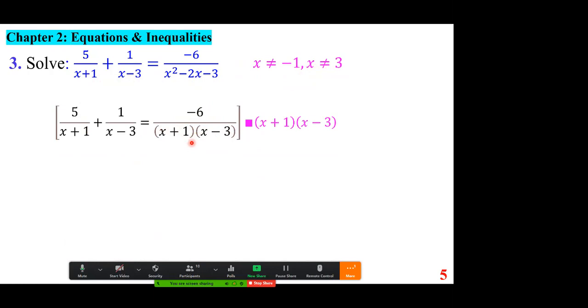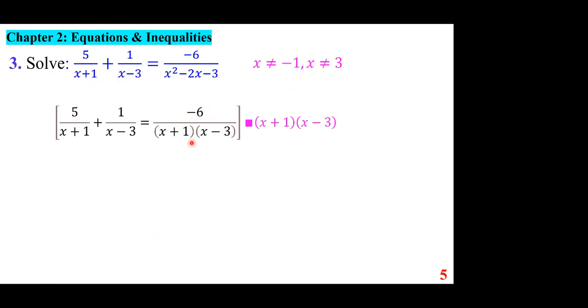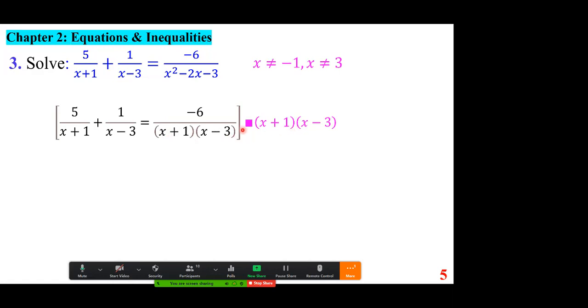Now, in order to solve this, you are going to multiply by LCD. The LCD is x plus 1, x minus 3. Now we are multiplying everything by this. So this side, this first fraction, x plus 1 cancels out, 5 times x minus 3.